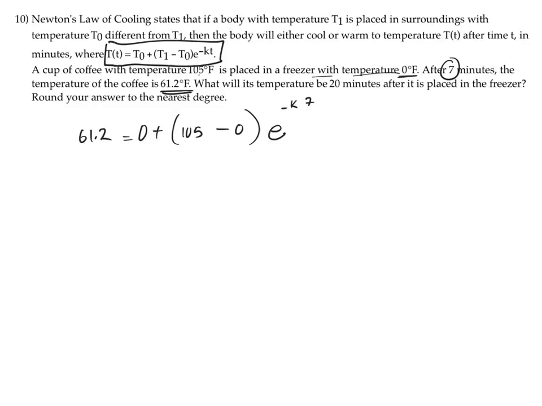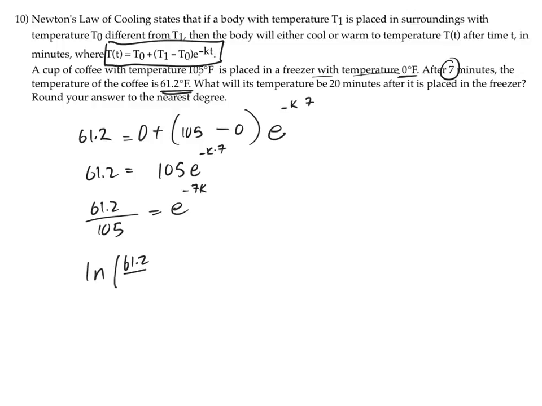So 61.2 is equal to the 0 plus 105 e to the minus k times 7. Same thing, 61.2 divide 105 equals e to the negative 7k. Change form, so ln of 61.2 over 105 is equal to negative 7k. Divide both sides by negative 7.